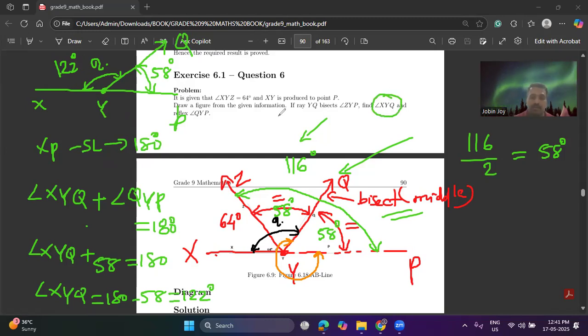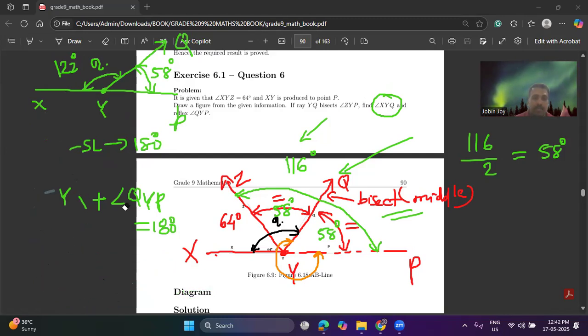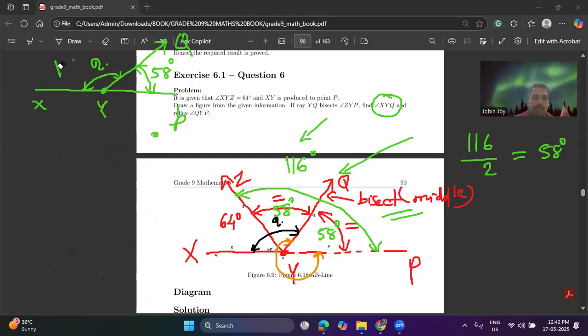Next is reflex QYP. Okay, reflex QYP. So I am clearing once again. QYP is 58 degrees. The question is to calculate the reflex. Reflex means the other side angle.